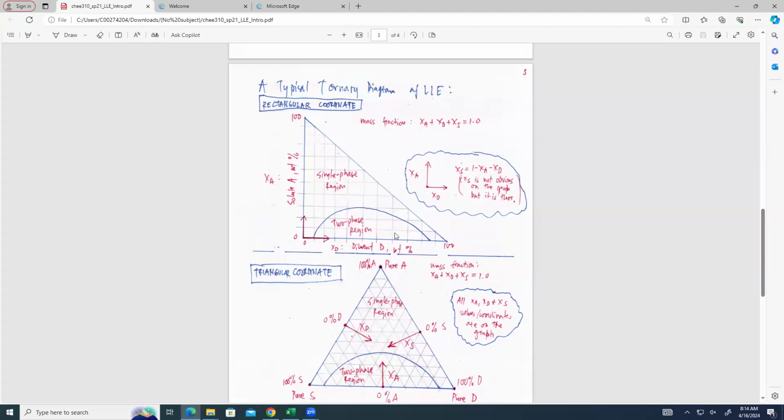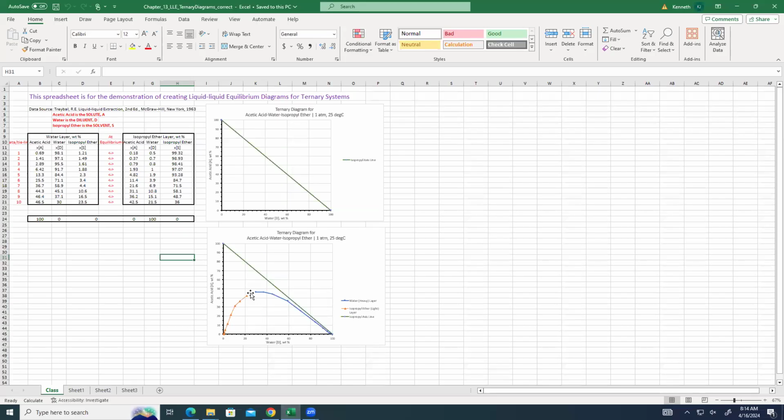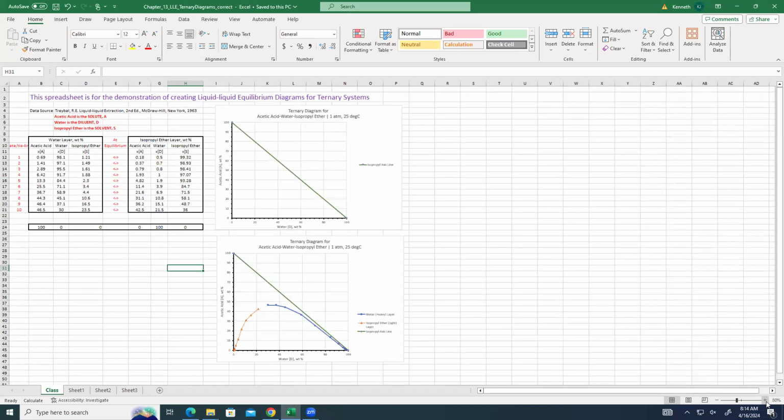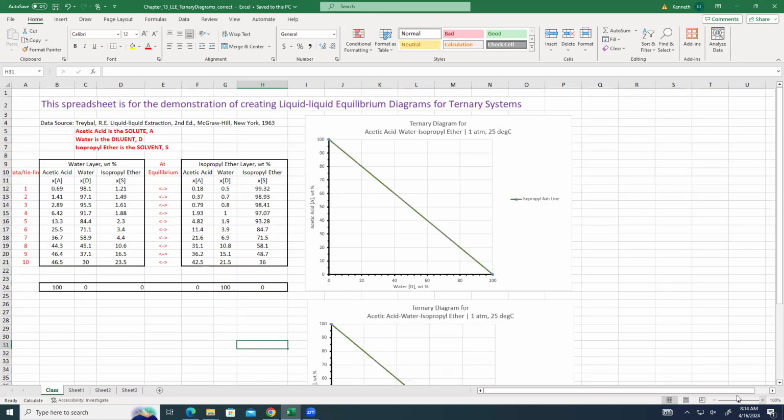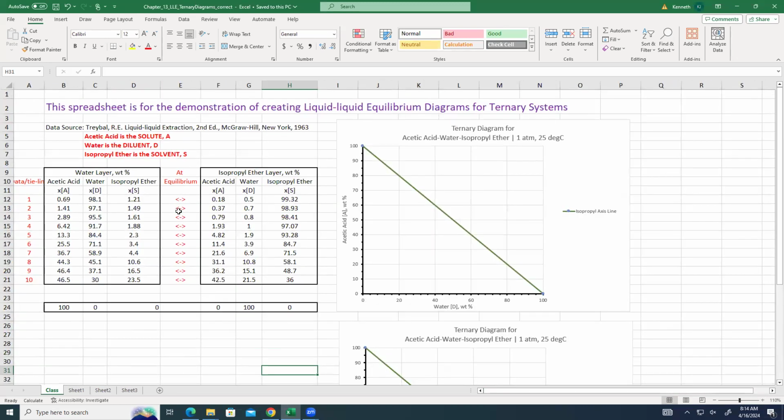So with that, I'd like to move to how these are actually made. This is an example from the Learn Chemie YouTube channel, where we have this data set that represents equilibrium concentrations in weight percent of 2 layers. We have acetic acid as a solute, A, which is our target.